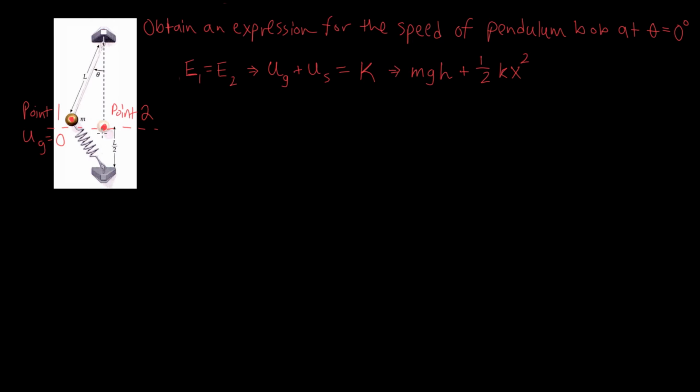So when we stretch the spring a certain distance, that's the value of x. And all of that is equal to 1/2 times the speed of the pendulum bob squared. And the speed v is what we want to find.